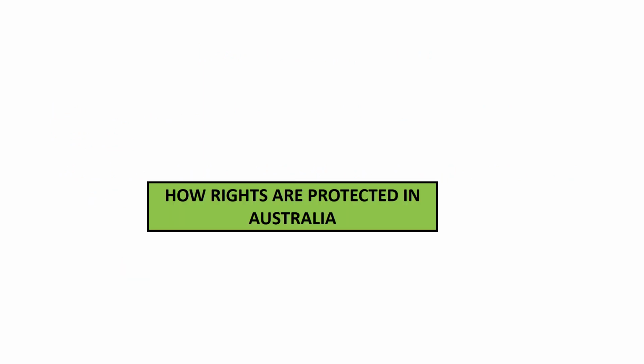This slide is by way of recap, and it sets out in a little bit more detail the 4 ways in which rights are protected in Australia. As we saw in the previous video, the first way in which rights are protected in Australia is through statute law. There are statutes that have been passed by the Commonwealth and Victorian parliaments that protect many of the rights that we enjoy today.